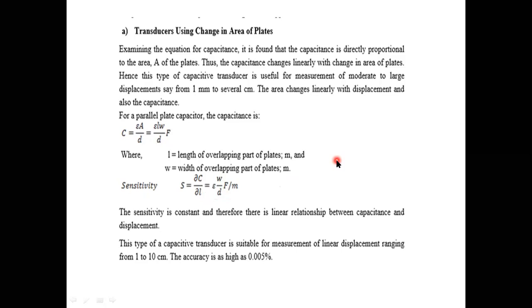Keep in mind that the accuracy of capacitor transducers is very high. Accuracy is as high as 0.05%. So if I use capacitor transducers to measure liquid level, I can measure down to 1/100th of a millimeter also.